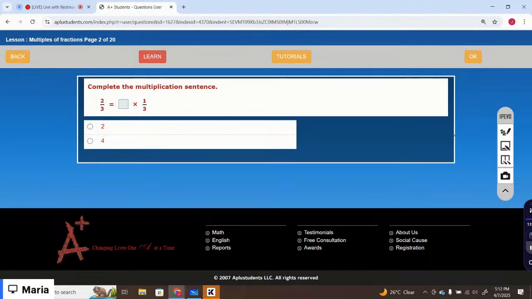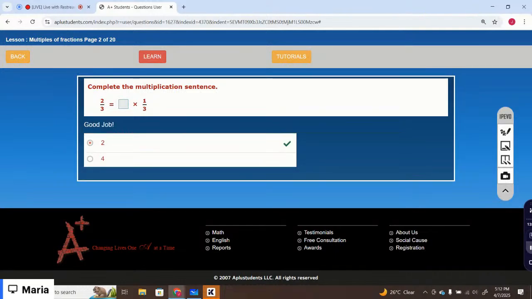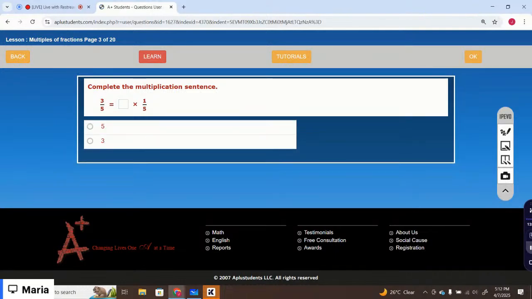The missing number is again 2. Type the missing number. 3 by 5 equals the missing number times 1 by 5.